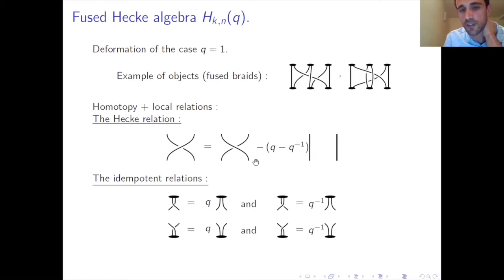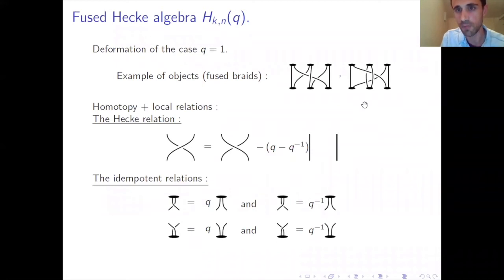So it's like if close to a dot here, the Hecke relation is divided in two stronger relations. Okay, so to summarize, this defines the vector space. This vector space is the space of all fused braids modulo all these local relations.